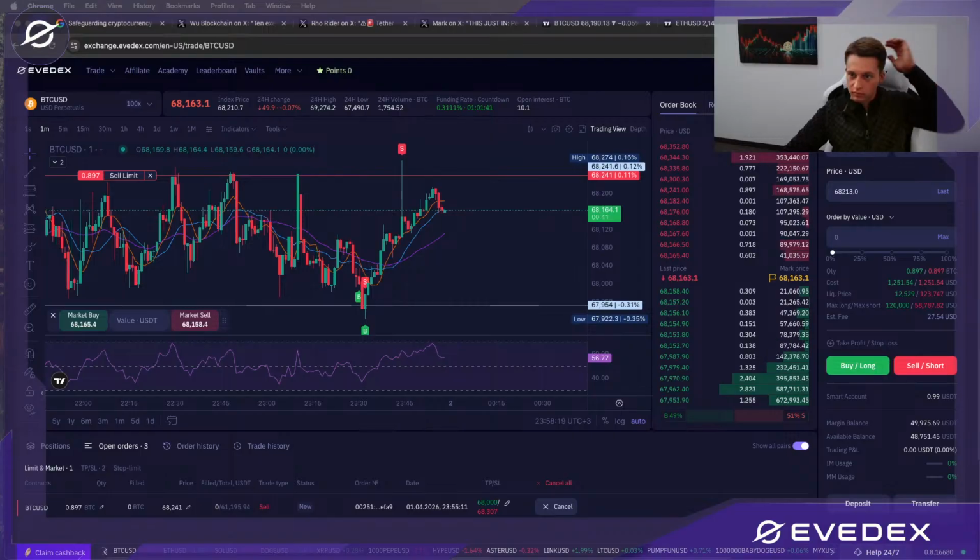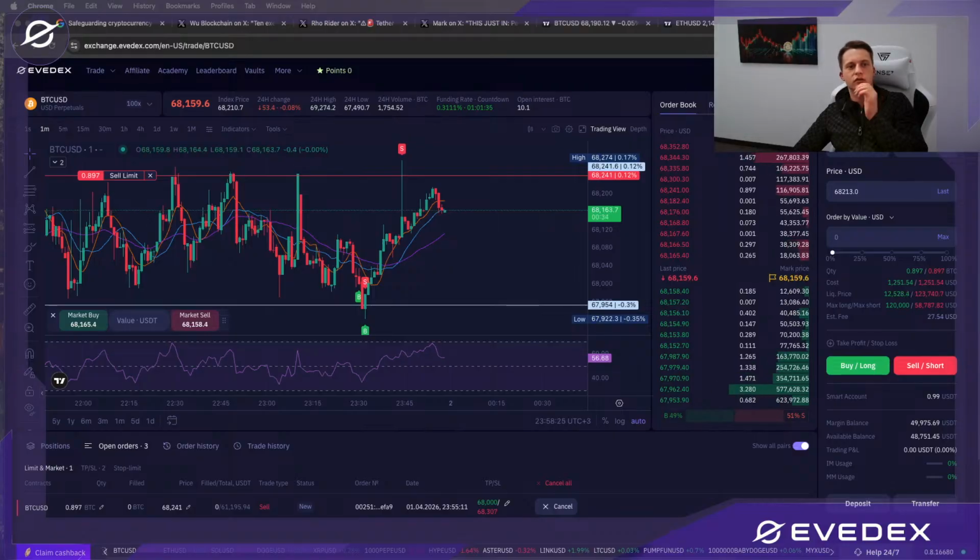Oh, it is available. So 8 Pro was a platform that I was on. Oh no, it's not. 8 Pro will be fully deprecated on 3rd of April 2026. Kindly withdraw all your funds from your account before the final date. So it looks like that app is gone.